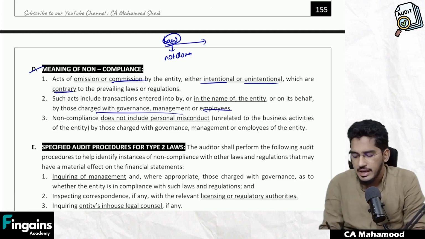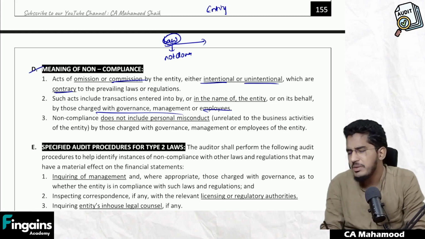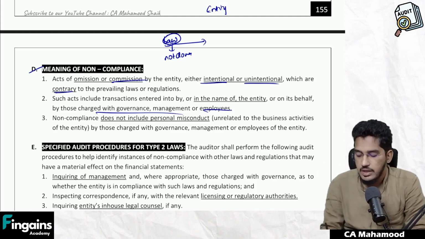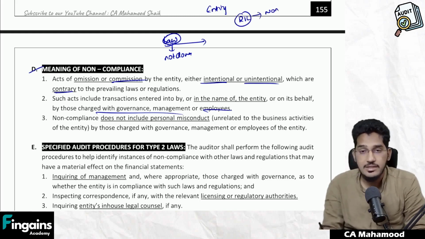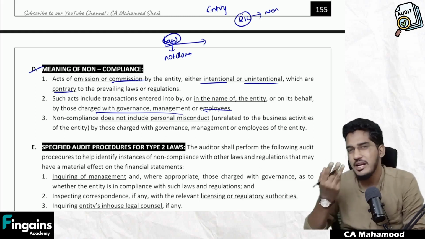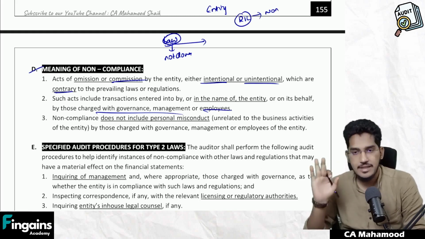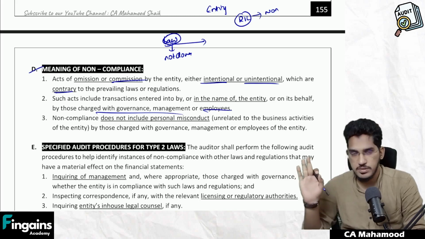When I say an entity made a non-compliance, what do I mean? Take for example, Reliance Industries Limited made a non-compliance with law. How can an entity make a non-compliance? Reliance Industries Limited is an artificial person.